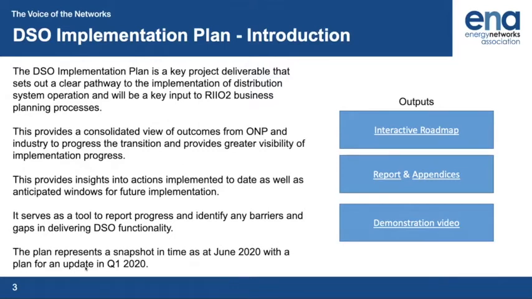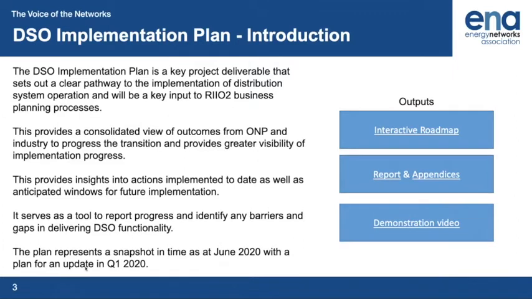What you view today represents a snapshot in time as of June 2020 when we collated this, but with a plan to update in Q1 2020 and thereafter update on a regular 6-monthly basis, so you can see progress. When you come back to this slide pack afterwards, on the right hand side you can see the outputs, and all of those are links that will take you direct to those outputs.